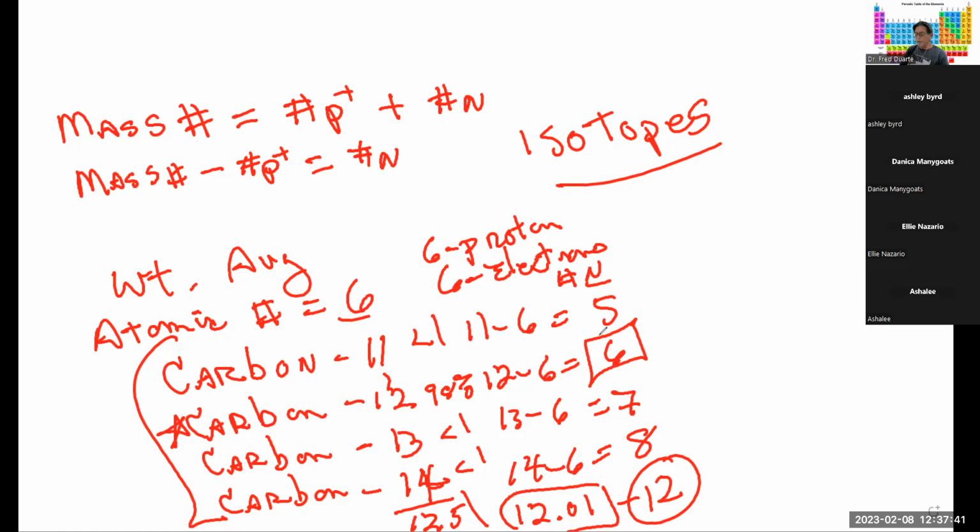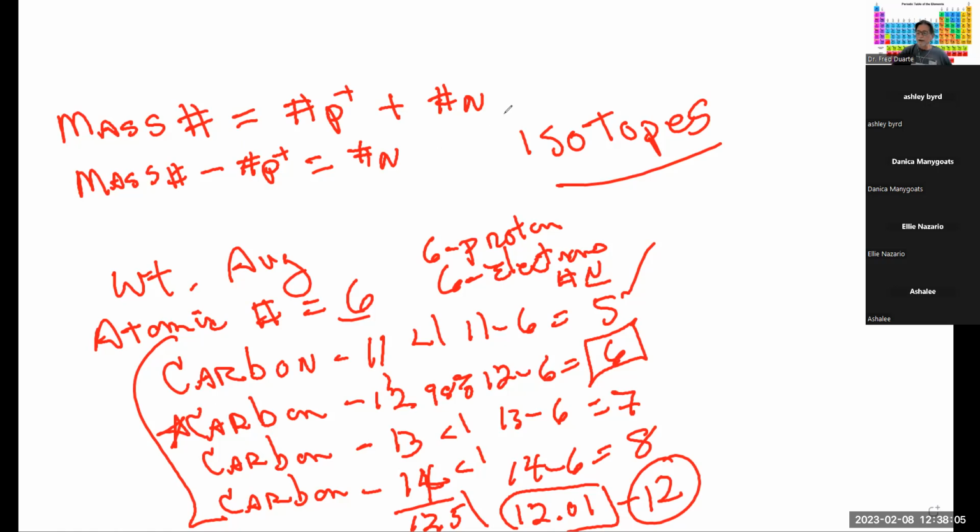The least common one, carbon 11, has 5 neutrons. It still has 6 electrons. Don't forget that, always that's consistent. What changes is the number of neutrons, which actually puts more weight on it, more weight, so it's like carrying extra baggage.